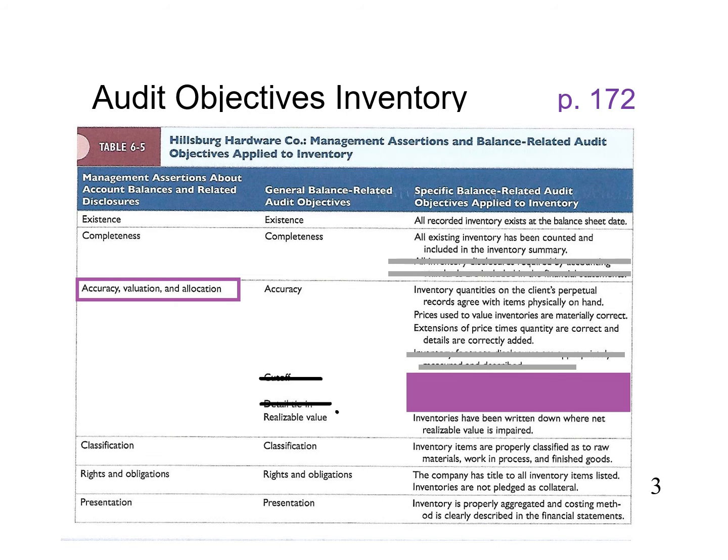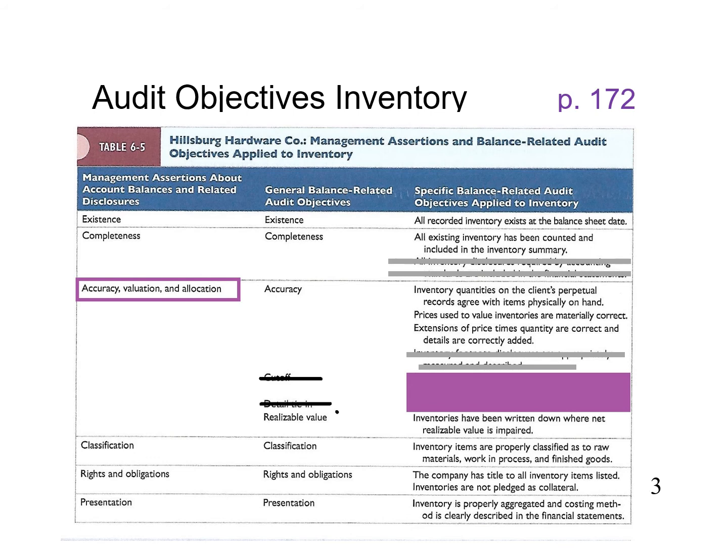Completeness, all existing inventory has been accounted for and included in the inventory account. Accuracy, valuation, allocation. Inventory quantities on the client's perpetual records agree with the items counted on the physical inventory. Costs used to value inventory are correct.